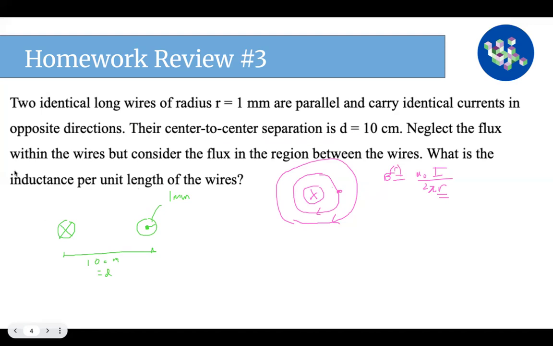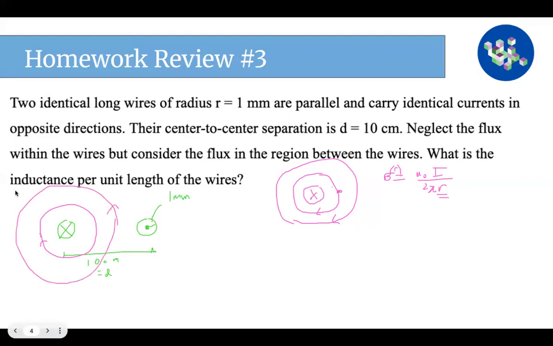Okay, so in this case, we want to find the flux in the region between the wires. So let's draw the magnetic field lines. Due to the left wire, it's going into the screen, so the magnetic field looks something like this, concentric circles in this way. Another one like this.